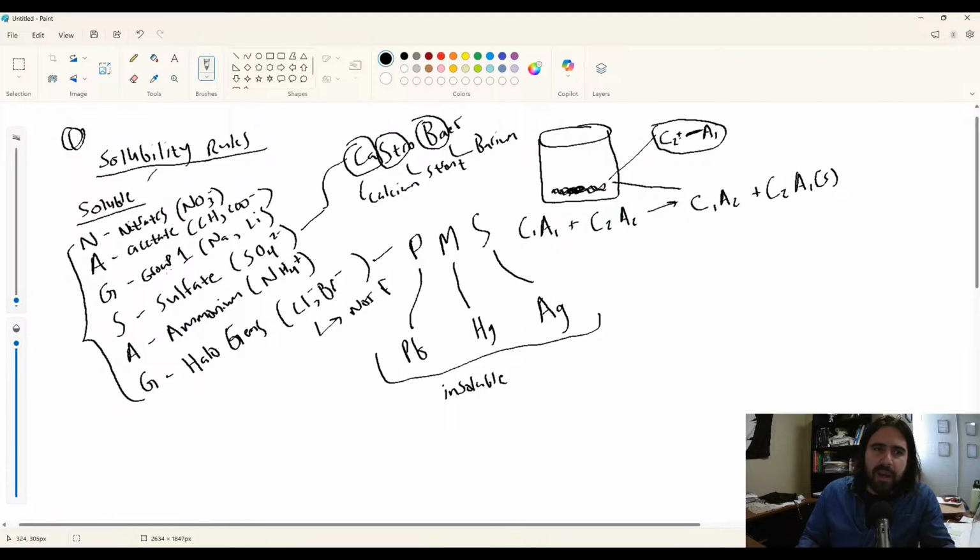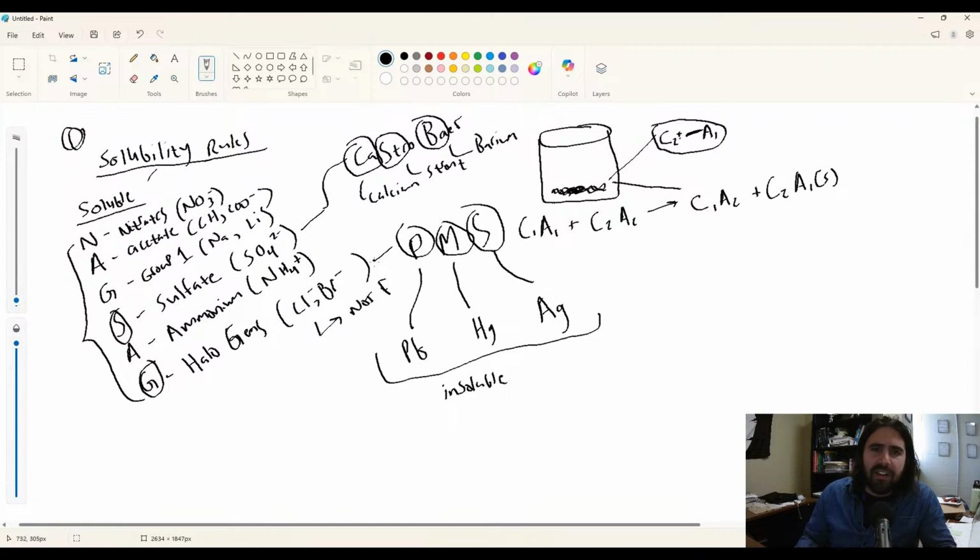The only exceptions are for the S and the G right here. For the halogens, the only exceptions would be the PMS exceptions, right? If it's paired with lead, mercury, or silver, it's going to be insoluble, right?